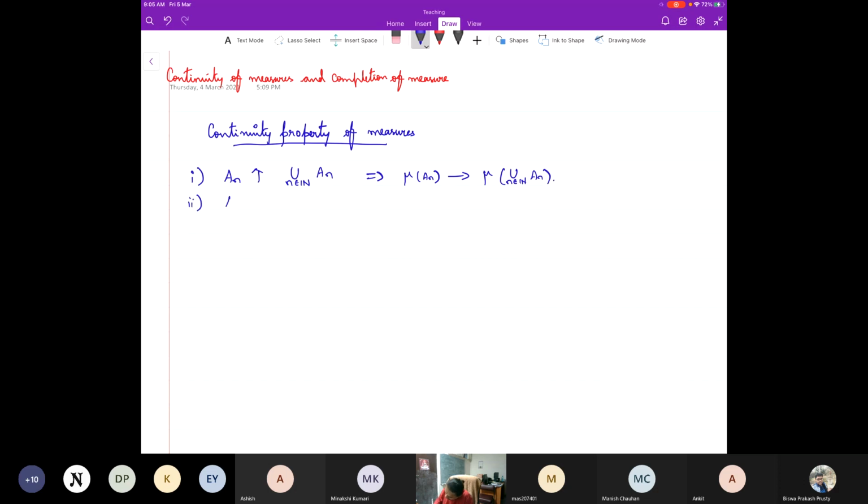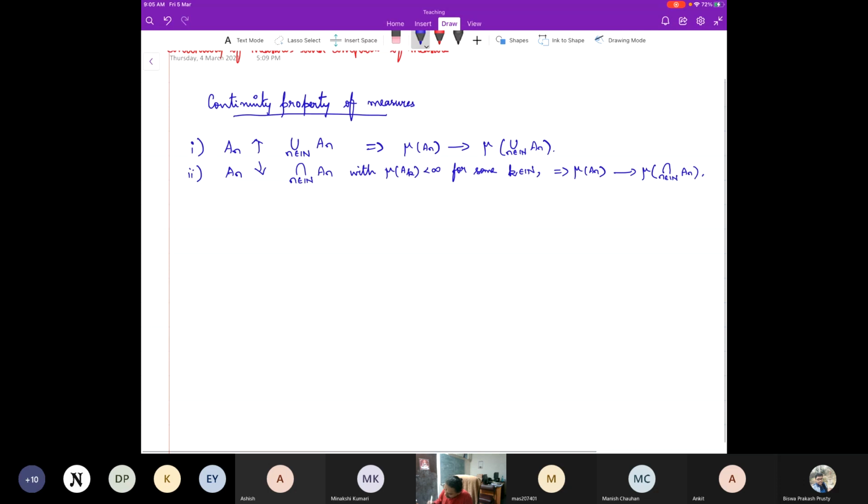Second, if A_n is a decreasing sequence, and if it decreases to the intersection, with mu of A_k being finite for some k in N, so this will imply that mu of A_n will converge to mu of the intersection, right?